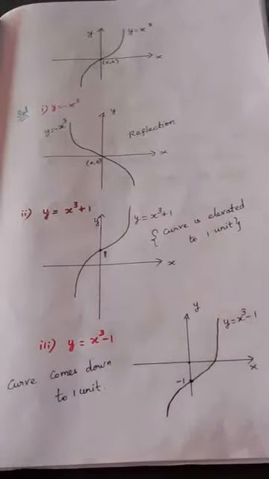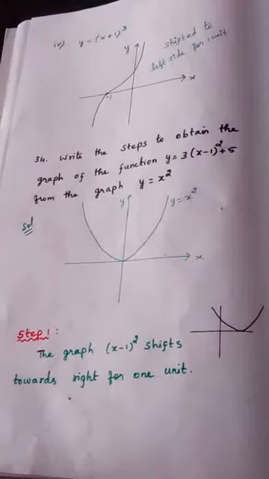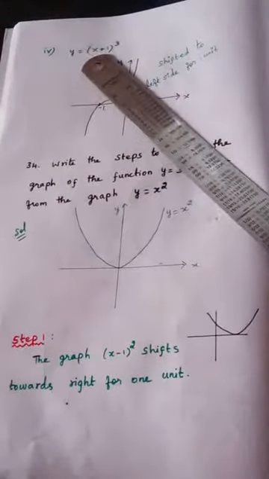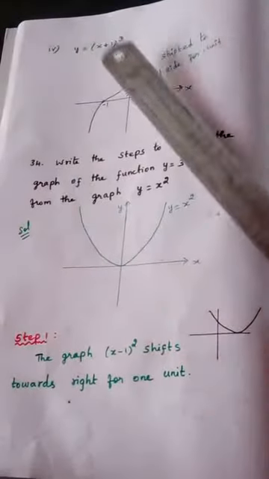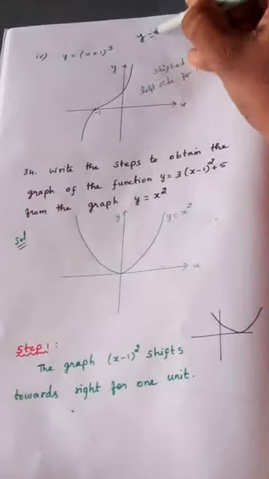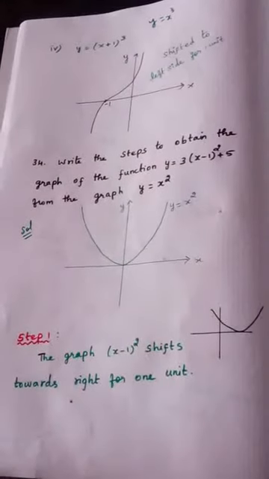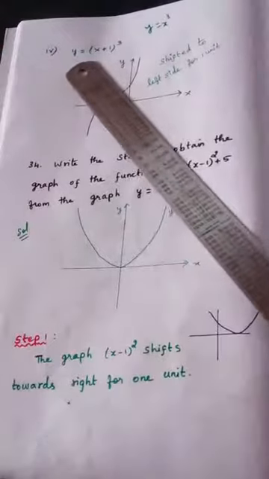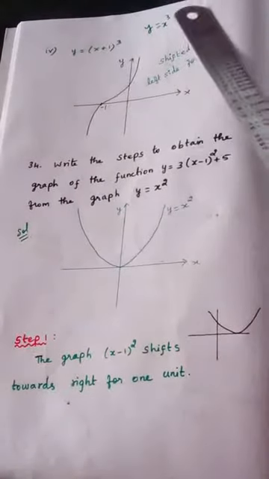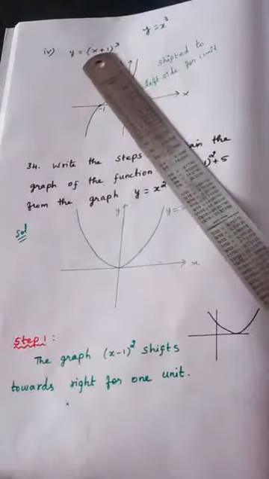Okay, we will go for the fourth subdivision. The fourth subdivision is this: y is equal to x plus 1 the whole cube. The original diagram they have given is y is equal to x cube. But here what they are asking is y is equal to x plus 1 whole cube. Now in place of x, x plus 1 is present.